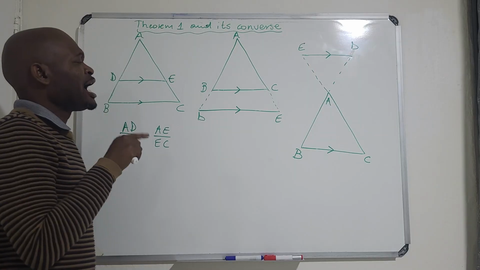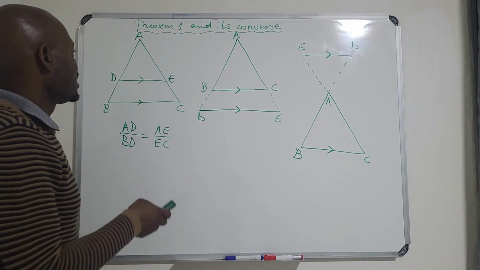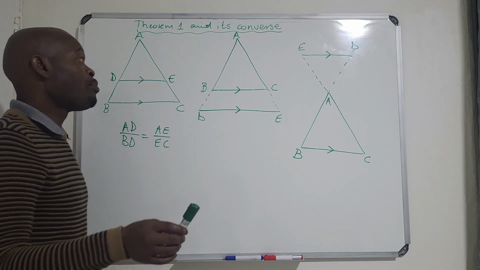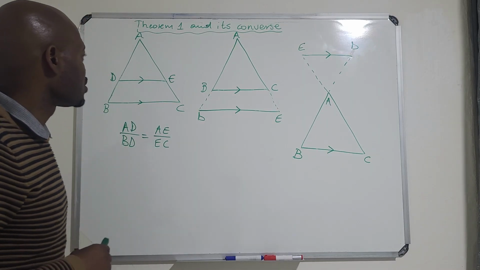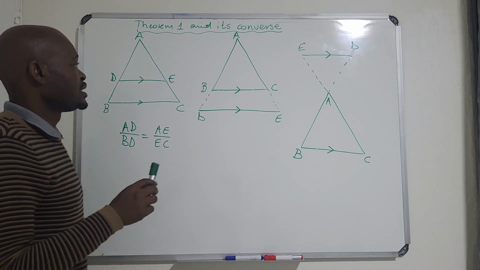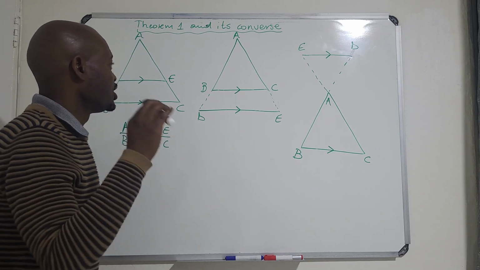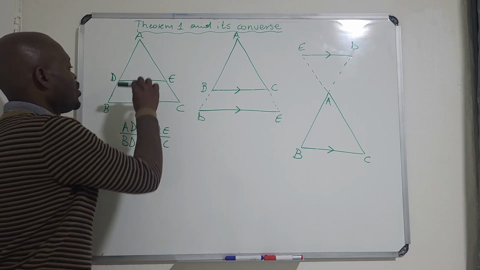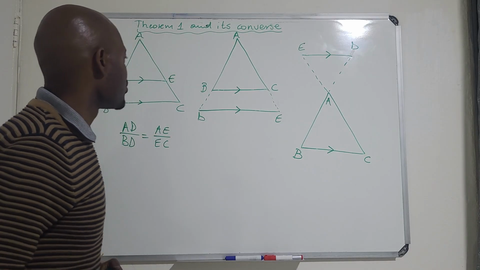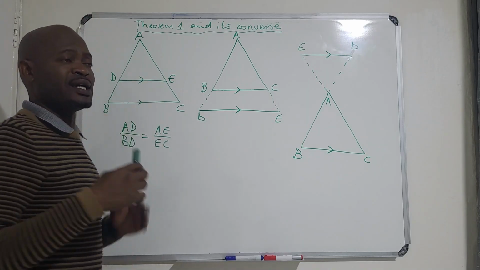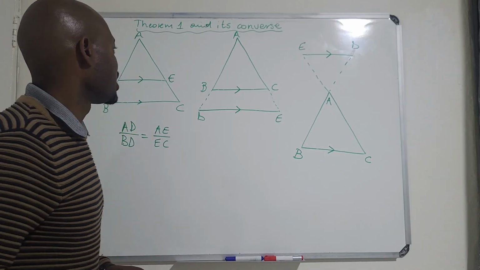Now, its converse. Obviously, the converse is the opposite of the theorem. It means that if a line is drawn in such a way that it divides two sides in the same ratio, then that line is parallel to the third side.